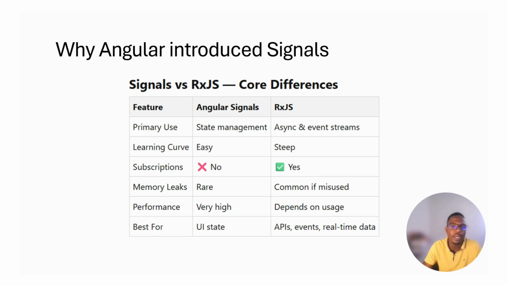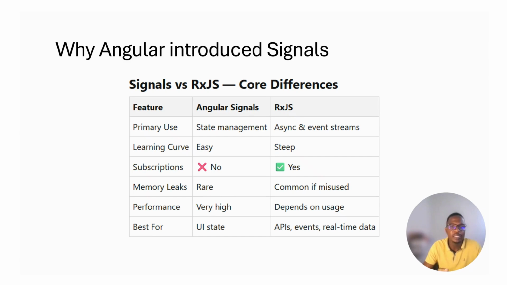With signals, when a value changes, Angular knows exactly what depends on that value. And only that specific part of the user interface updates, meaning there is no guessing, no unnecessary re-rendering, no hidden behavior. Reactivity becomes explicit and predictable.